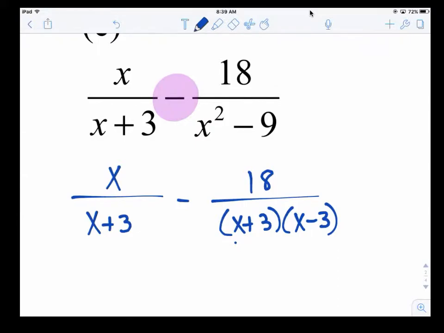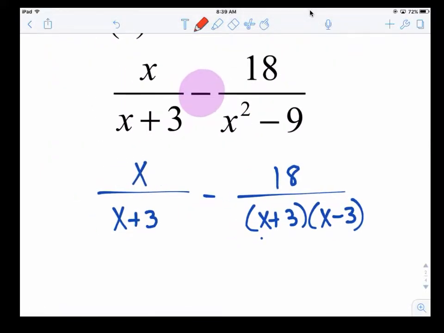All right, so what would you do next? Right. So your common denominator should be x plus 3, x minus 3. Oops, sorry.